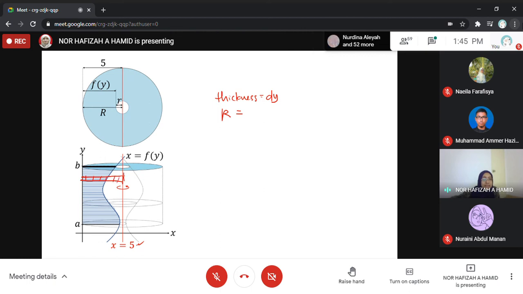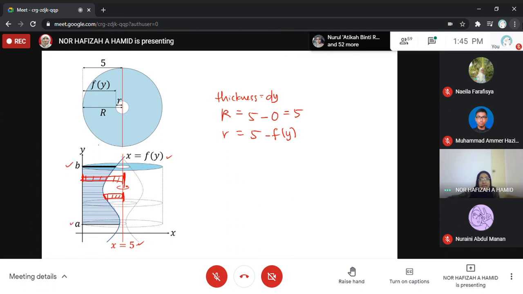Dia mesti yang right dia is 5 minus dengan function ni pada y, so minus 0, so you dapat 5. And the inner radius, ini you punya inner radius, so right dia is 5 minus dengan left dia function Fy, so 5 minus Fy. Limit dia from y, so kita ada A until B.